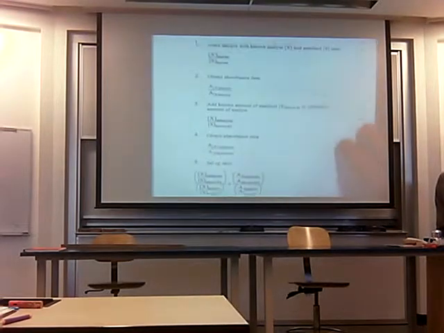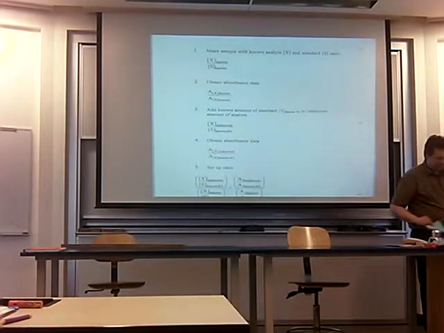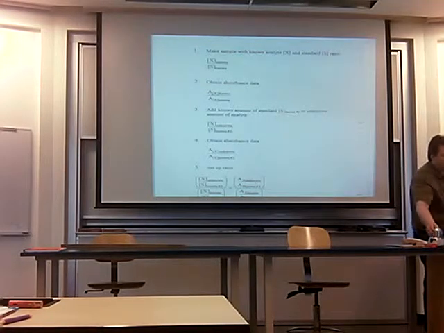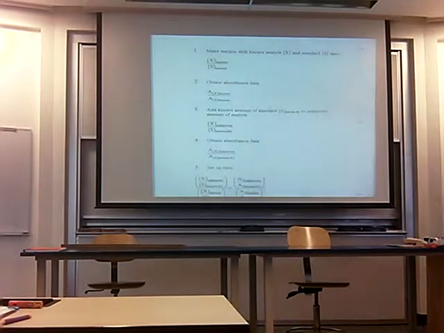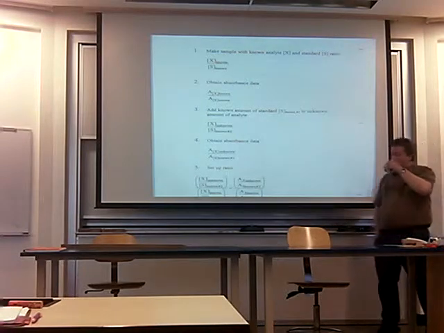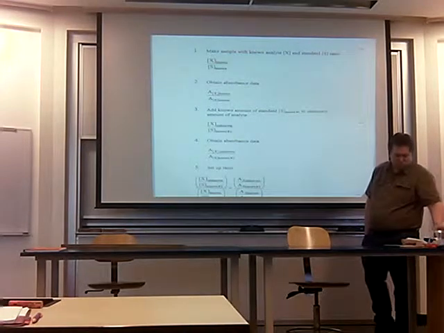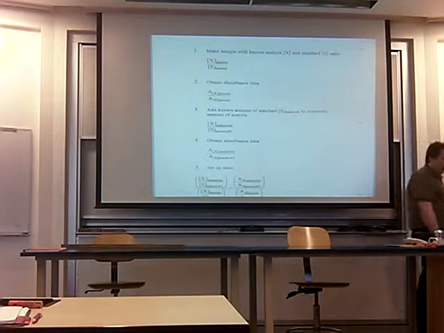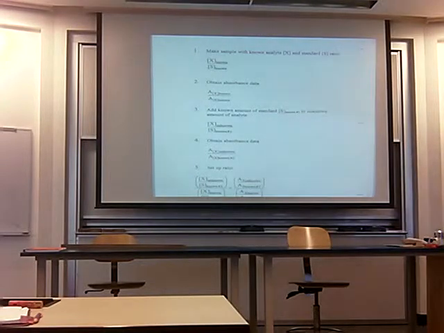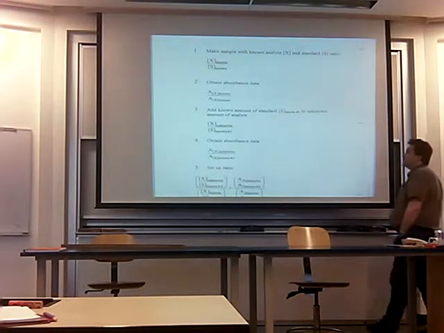So how can these be used? You have a sample with a known analyte and standard ratio, for example. You know the concentration of X, you know the concentration of standard. You can obtain their absorbance readings, the absorbance of X, the absorbance of the standard.